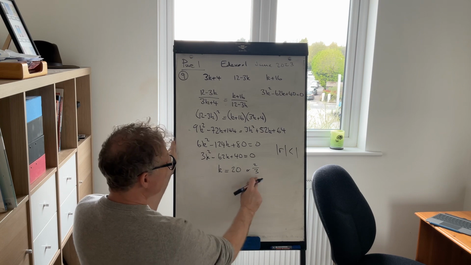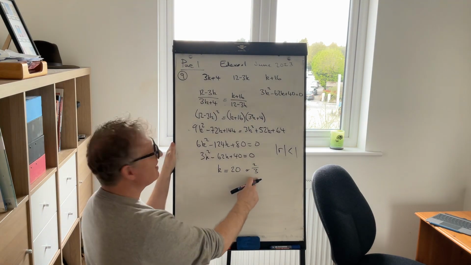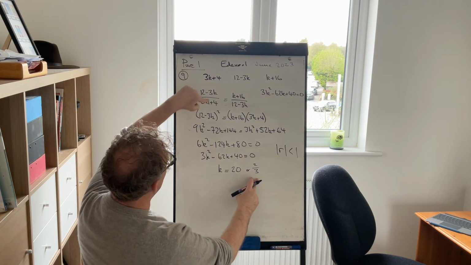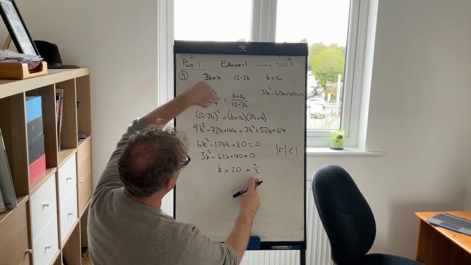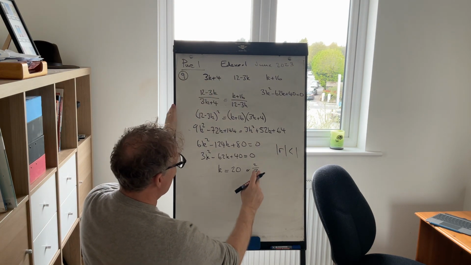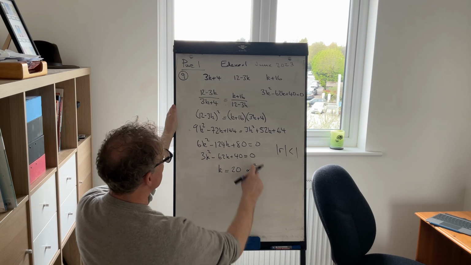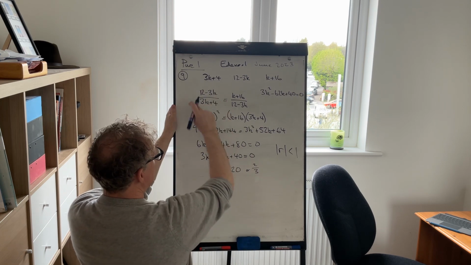But k isn't the common ratio. This is the common ratio, or that is the common ratio. Both those 2 things will be equal. So actually the common ratio comes when we put our k into here.